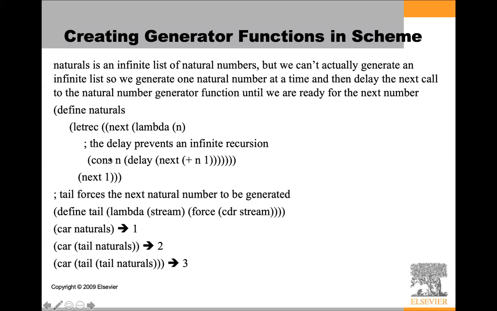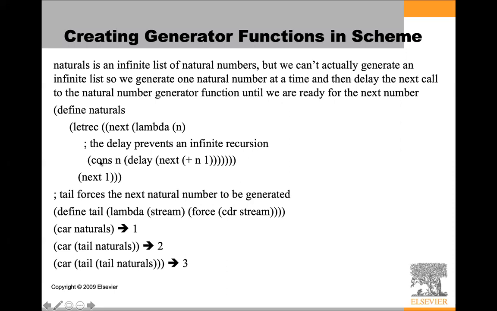Instead, what we're doing in Lisp is we're constructing a list. But we're constructing the list one element at a time. So each invocation of next effectively enumerates the next element of the list. And it does it by consing the n onto the rest of the list. So you can kind of think of the yield as being the cons statement.